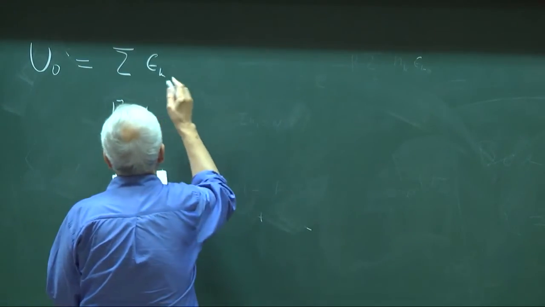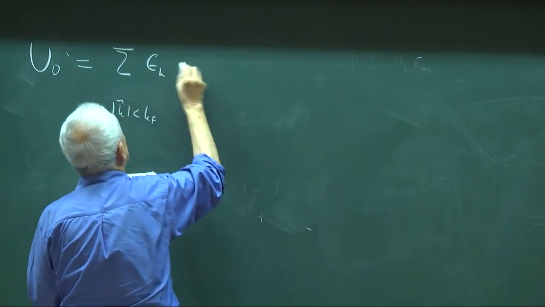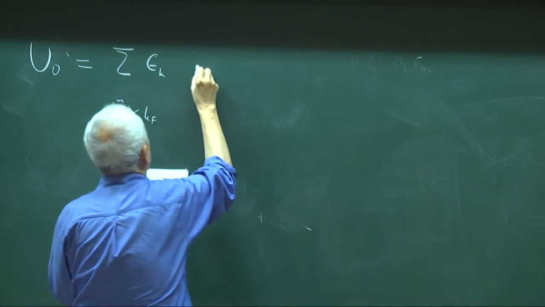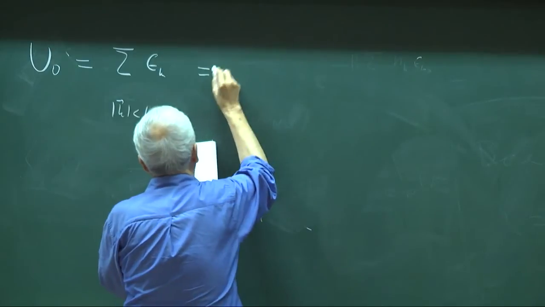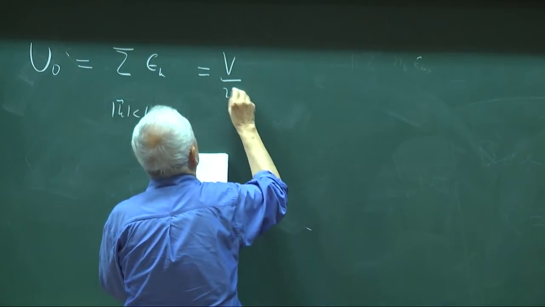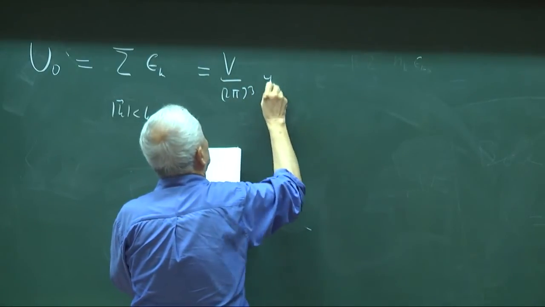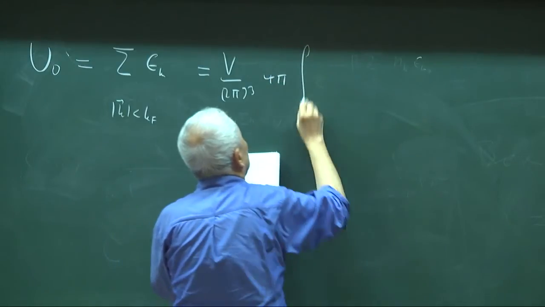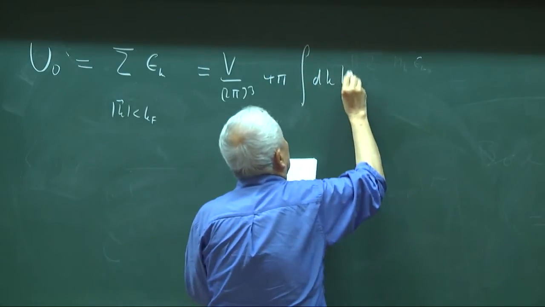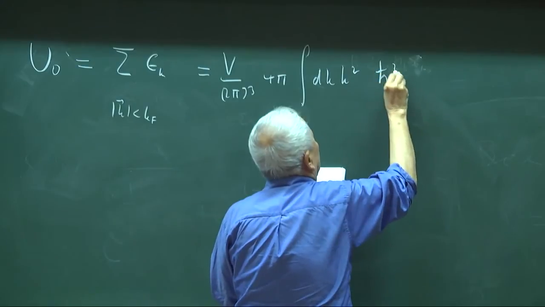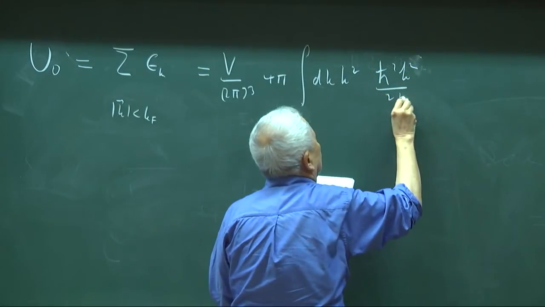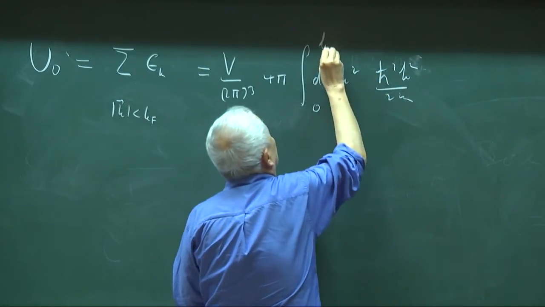This was spin 0. If there is spin, you put in 2s plus 1. And this is equal to V over (2 pi) cubed times 4 pi times the integral dk k squared h bar squared k squared over 2m, from 0 to kf.